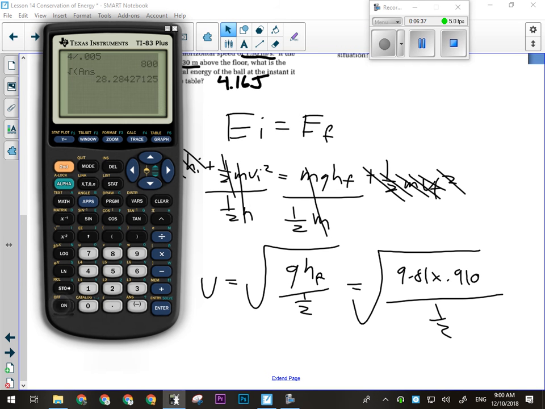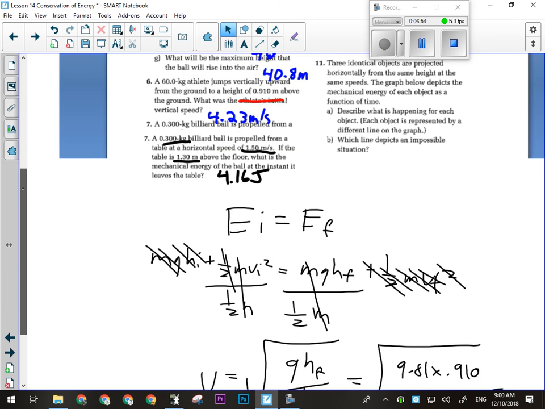So we'll have the square root of 9.81 times 0.91 divided by 0.5. All right, so they'd have to be moving at 2.11 meters per second in order to reach.